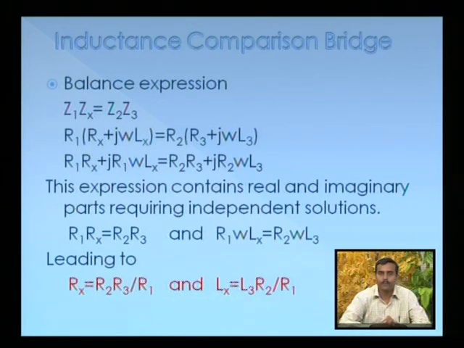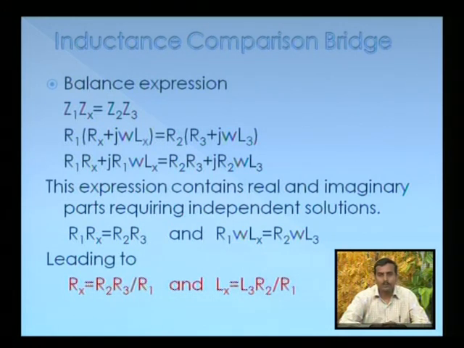From the real part we extract the value of resistance, which we call the internal resistance or wire resistance of the inductor, while from the imaginary part we extract the inductance value. The real and imaginary parts separated: R1 Rx is equal to R2 R3, and the imaginary part R1 omega Lx is equal to R2 omega L3.